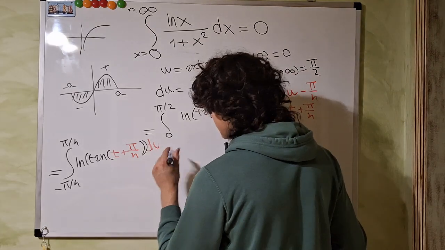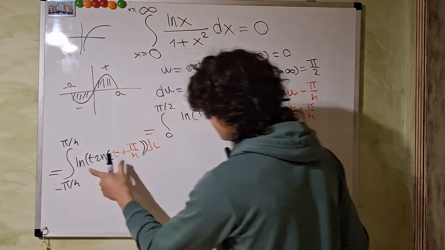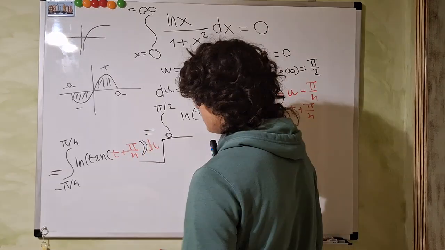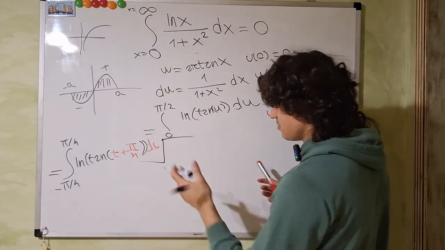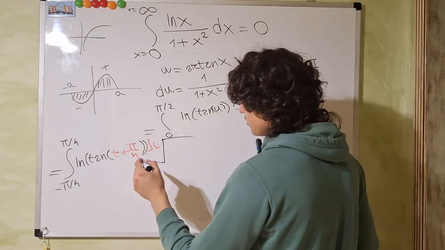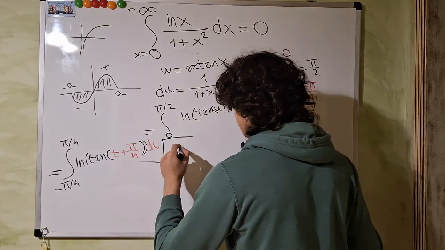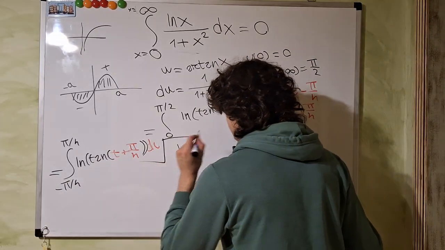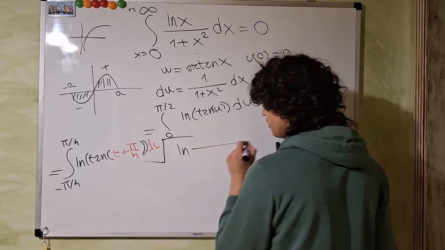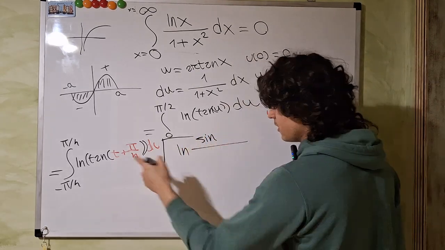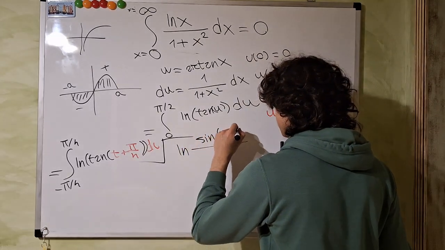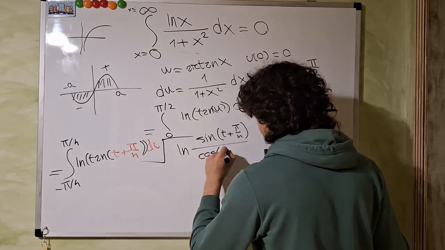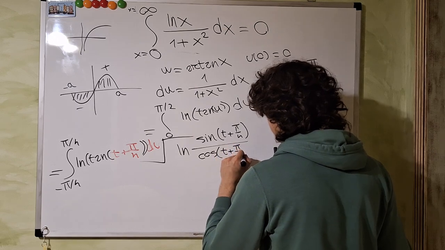Well, let's just focus on the inner function. I won't bother rewriting the integral. It's pointless. So let's focus on this function. Tangent is sine over cosine, we all know that. So this is the natural log of sine of t plus pi over 4 divided by the cosine of t plus pi over 4.